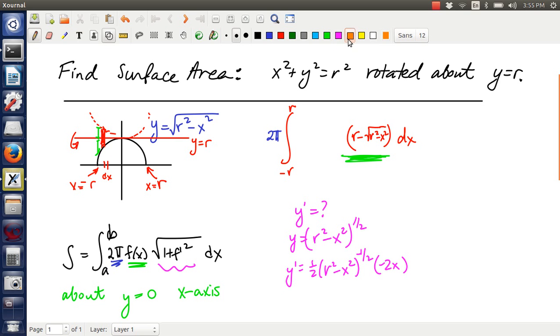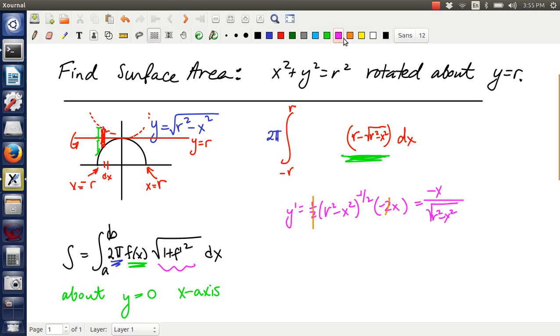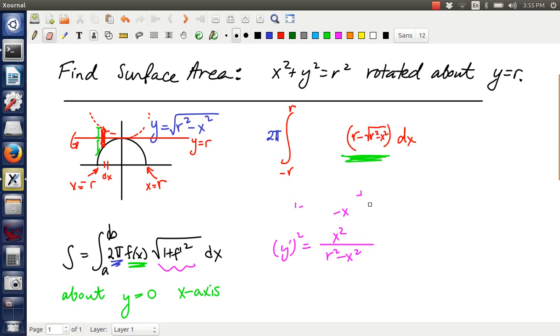And so then we're going to cross off the 2's because they're extra now, which is minus x over the square root of this mess. Okay, so then we need, so this is a lot of writing. I'm just going to get rid of this so that I have more room to write. If I'm going to square this mess, I'm going to get x squared on top and r squared minus x squared. That's good.